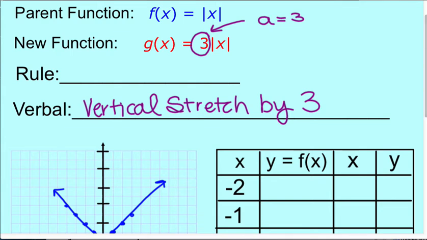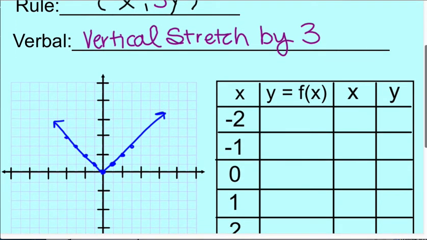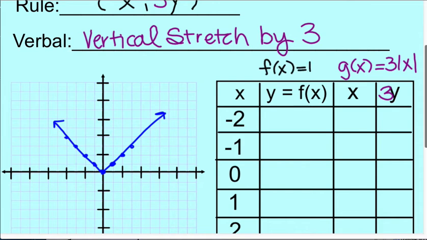We're multiplying by 3. When we write our rule, remember we said we're stretching the vertical, the y-axis. We're multiplying all those y's by 3. All right, so let's head down. Here's our g of x. 3 times the absolute value of x. We're multiplying all the y's by 3. f of x, absolute value of x.